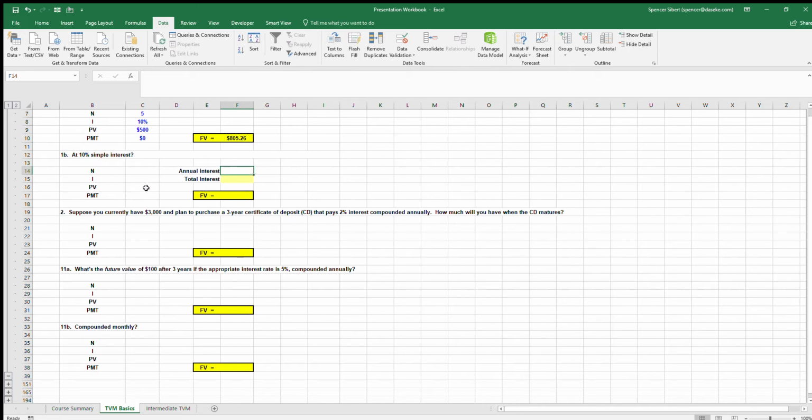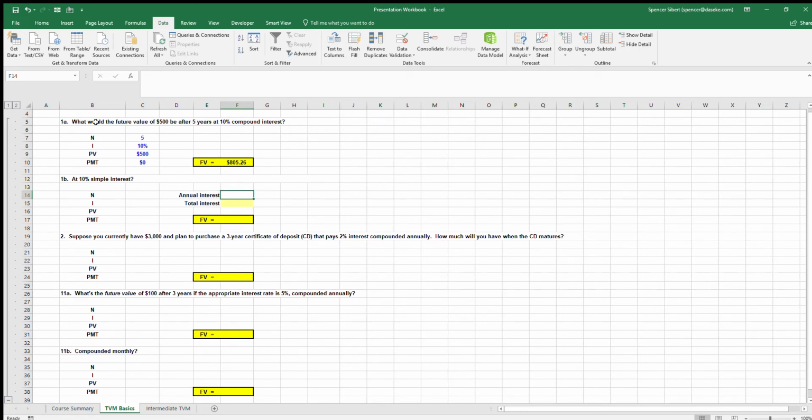Now the second question is a little different. It's asking for the same question except for simple interest rate. I'm going to go ahead and just copy all of this because it's the exact same, except now we're doing a simple interest rate. So your annualized interest is going to be 10% times the $500. So we get $50.